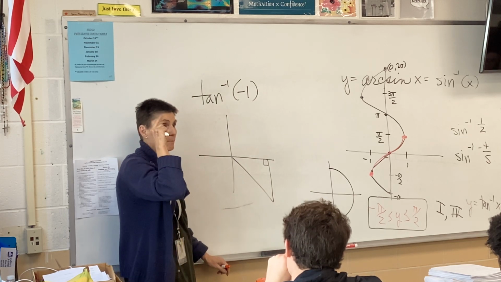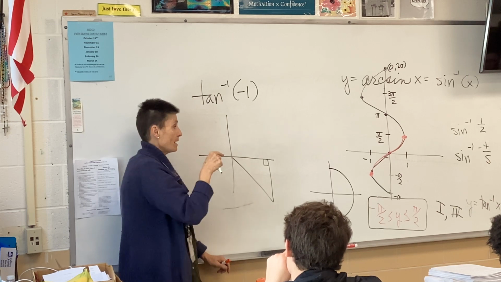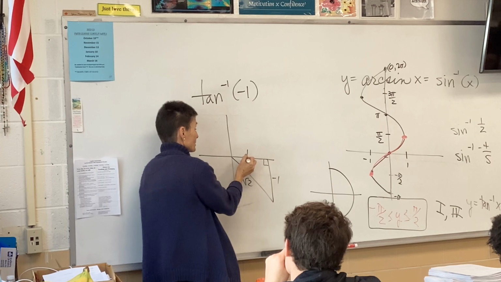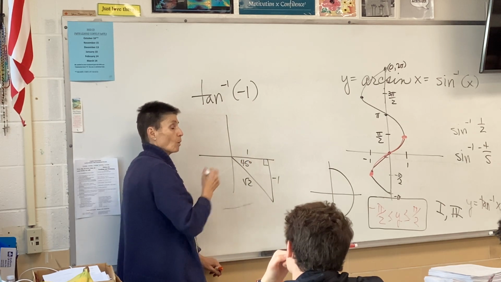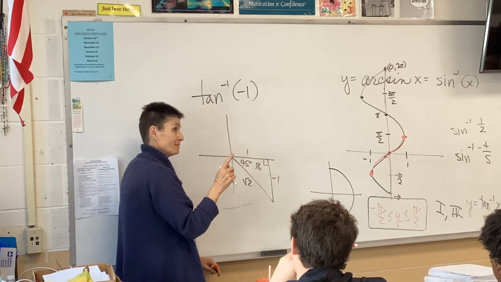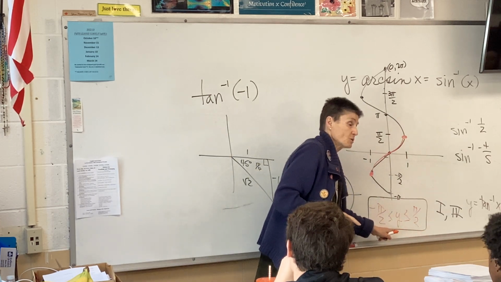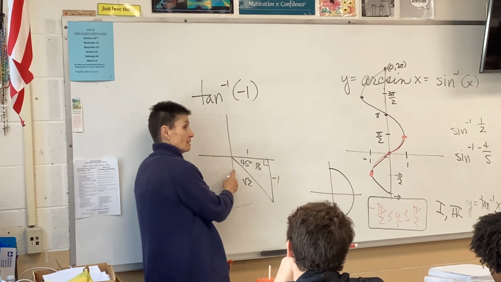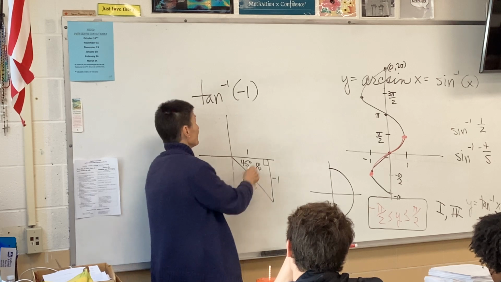Did you follow my thought process as I was going through that? And then we know the tangent's 1. This angle's got to be 45 degrees, or pi over 4 radians. But when you answer it, keep in mind, it has to be in this interval. So don't say 315. You have to say negative 45.